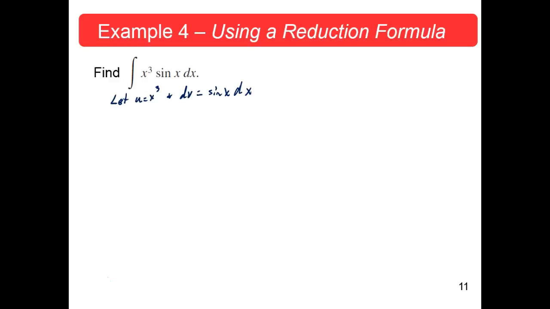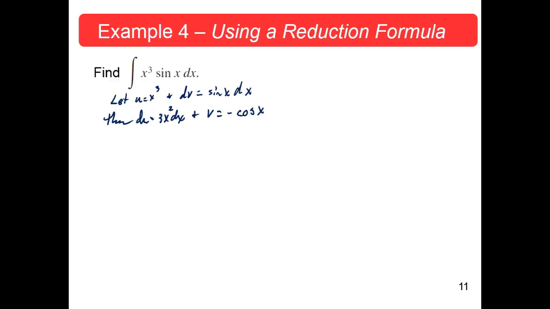So what would we do? What would be your next step? You tell me. du is equal to 3x squared dx, sorry, like I said, the old gray cells aren't working well this morning.